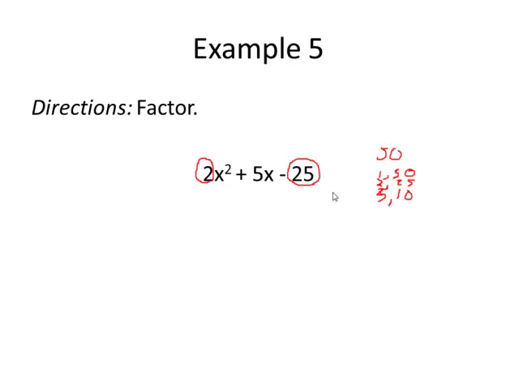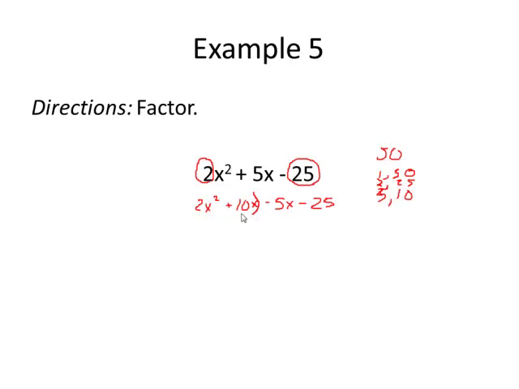Okay, so 5 and 10 are the ones that work because those differ by 5. Okay, and how's it going to work? It's going to have to be a plus 10 and a minus 5. So plus 10x minus 5x.